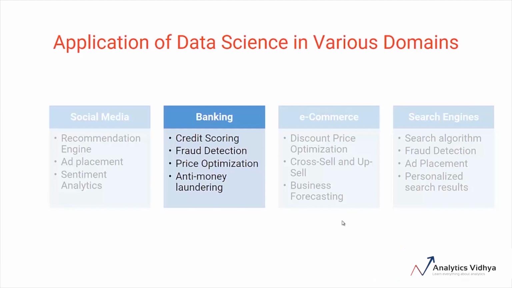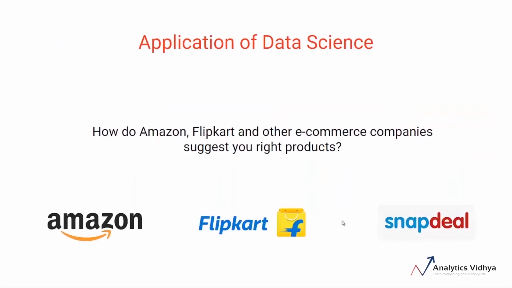Banks also use data science to determine the right price point for its customers. What should be the competitive interest rate for a particular customer? Or how much APR can the bank charge before losing the customer? These are some of the ways banks use data science. Let us look at another domain, e-commerce. How do these e-commerce sites suggest you the right products? Well, we saw that in some of the previous slides.